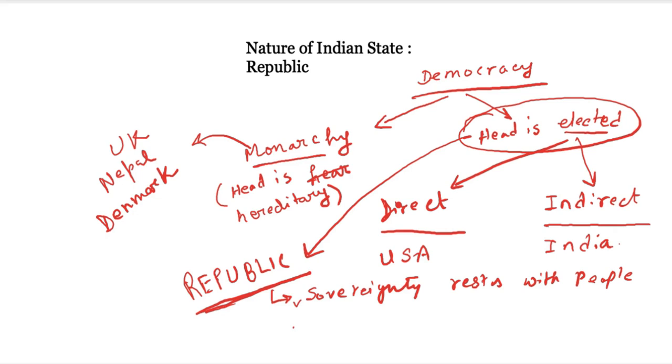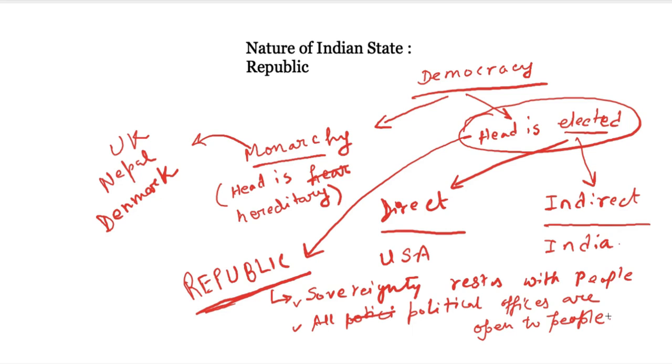And secondly, all political offices are open to the pupil. Okay, so this is republic. So for India, the first two characteristics have been covered, that is the source of the constitution, that is the pupil, and the nature of the Indian state, that is sovereign, socialist, secular, democratic republic.